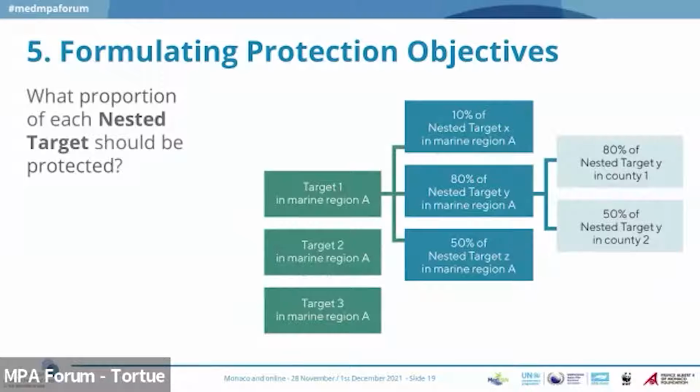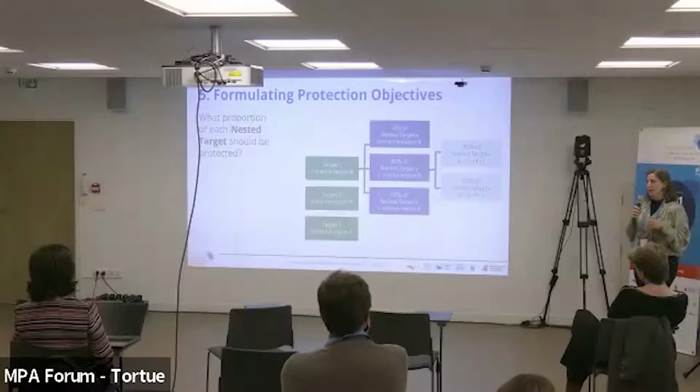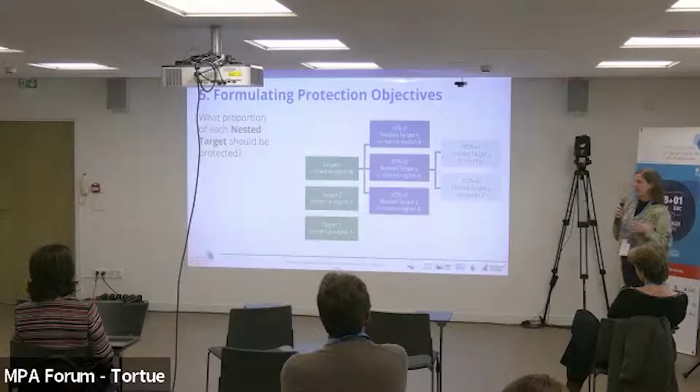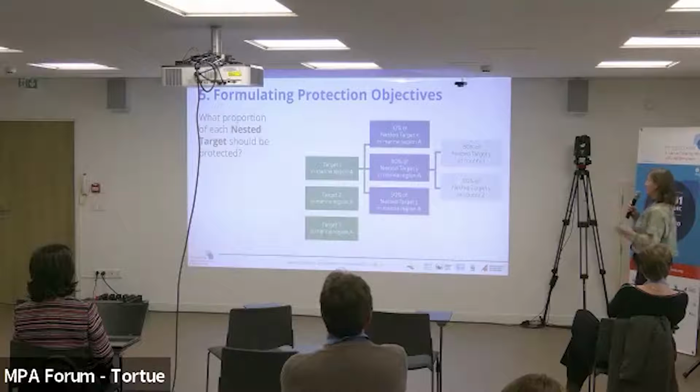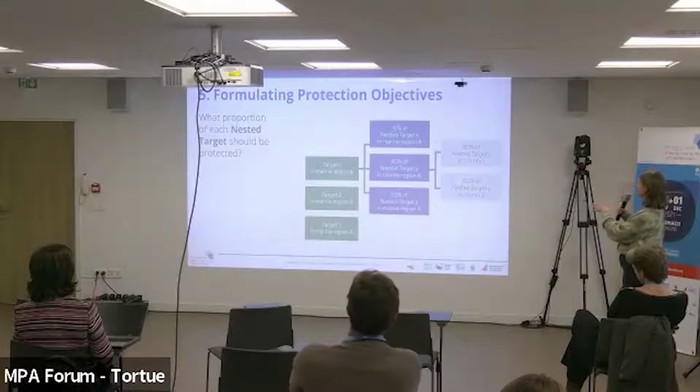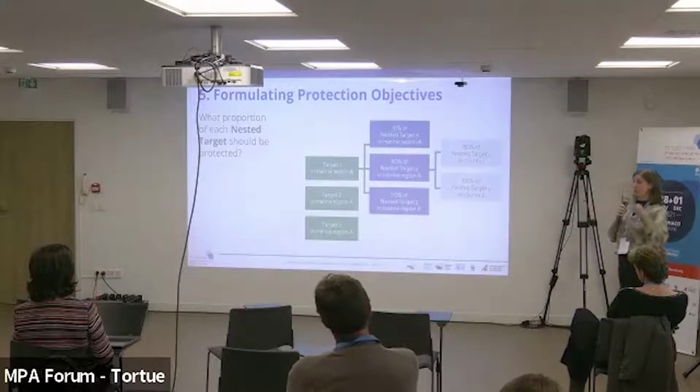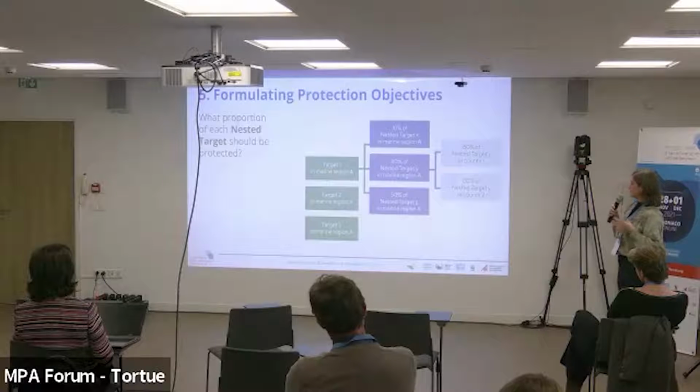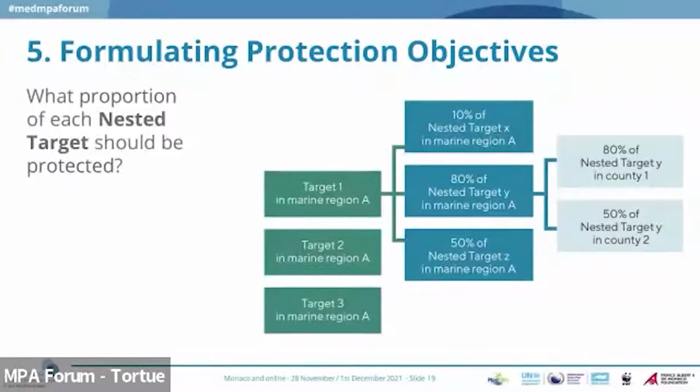So setting protection objectives for the marine waters in general really helped us get an idea or aim for the representativity at a national level. And doing protection objectives for the nested targets also really contributes to the protection representativity, because it's based on this that we're really aiming for this sufficient level of protection for each of them. Next slide, please.